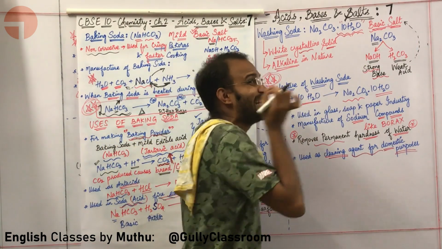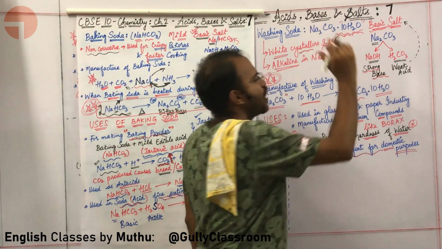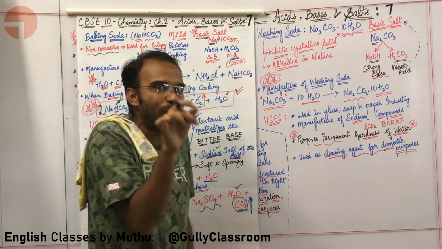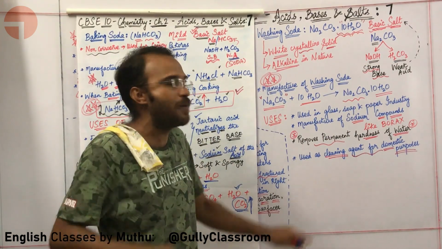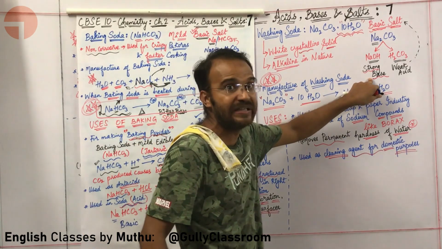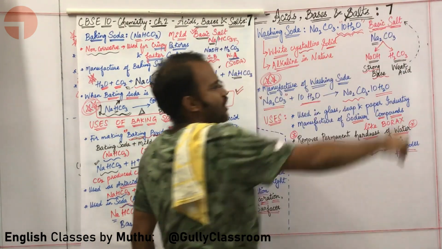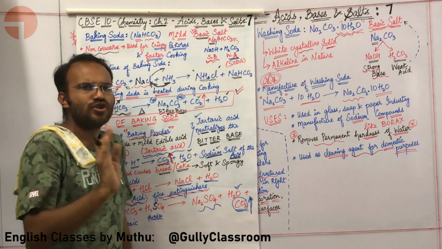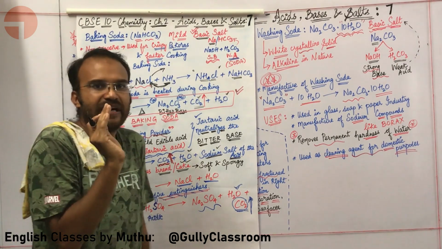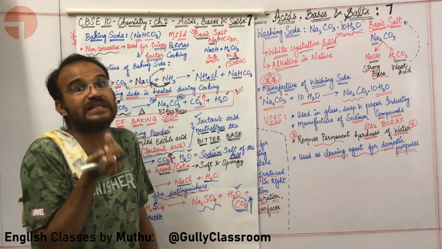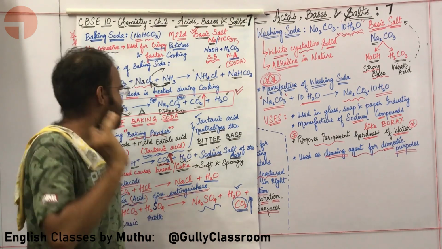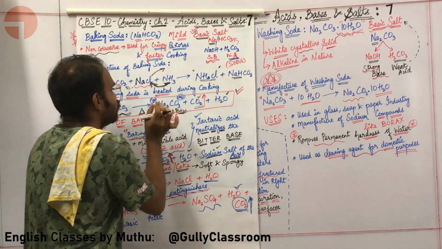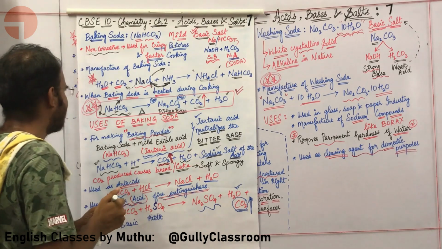The salt repeats the nature of the stronger component. Here the stronger component is base, hence the salt is also basic in nature. Bases are bitter. So Na2CO3 has to be bitter in nature.